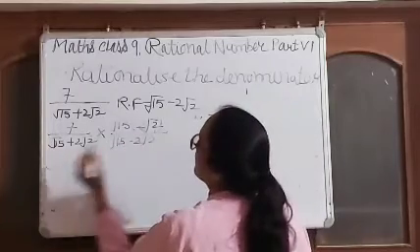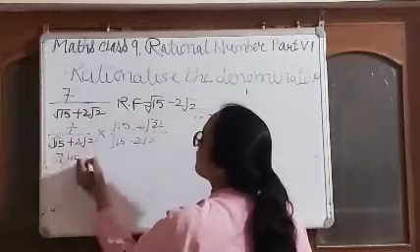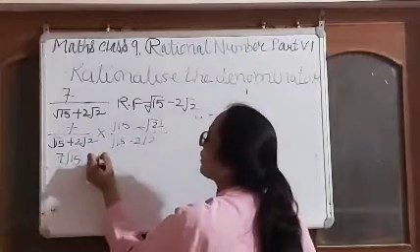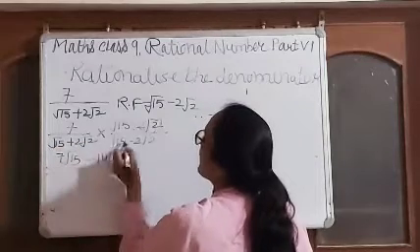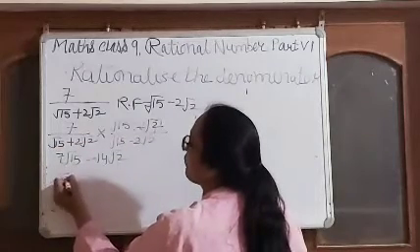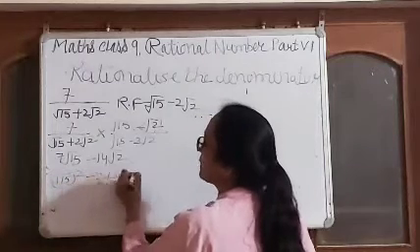Now multiply with this. 7 into root 15, 7 root 15, minus 7 into 2, 14 root 2, upon a plus b, a minus b. So root 15 whole square minus 2 root 2 whole square.